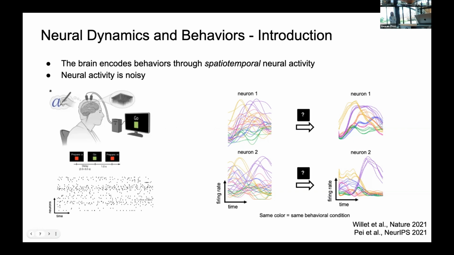So the problem is how can we decode the behaviors from these noisy ones? It's in fact very difficult. So we need algorithms that could denoise these neural signals and figure out the underlying dynamics, based on which we can do the neural decoding much more easily.